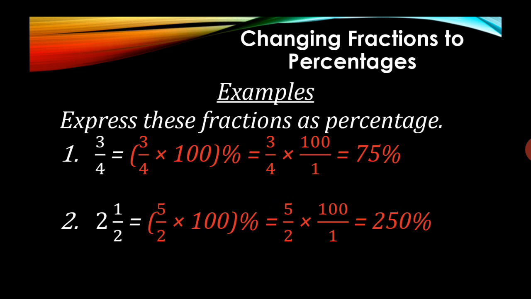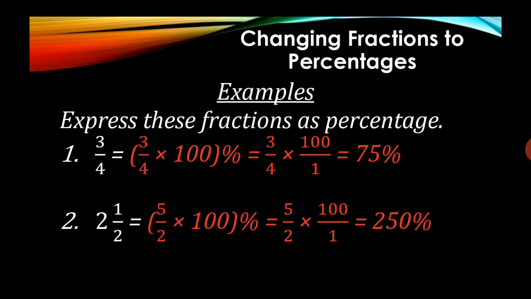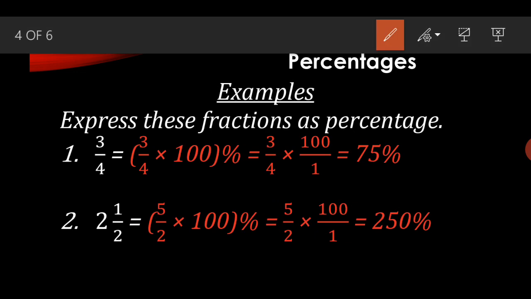You can divide straight from here: 2 in 100 is 50. Then 5 times 50 gives us 250. Or you can say 5 times 100, 500 over 2 times 1, 2. 500 divided by 2 still gives us 250%.